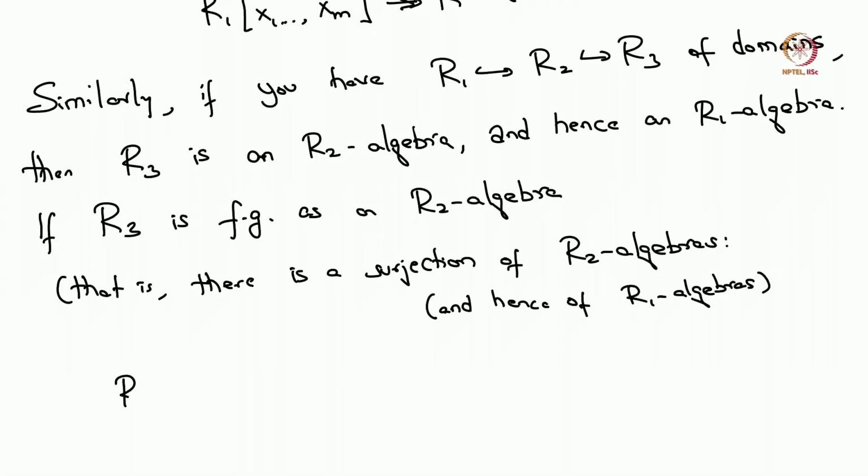So you have this polynomial ring in finitely many variables over R2 that surjects onto R3. Let's call this equation star.